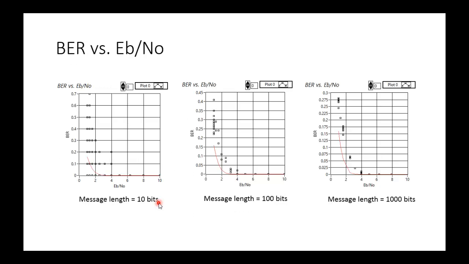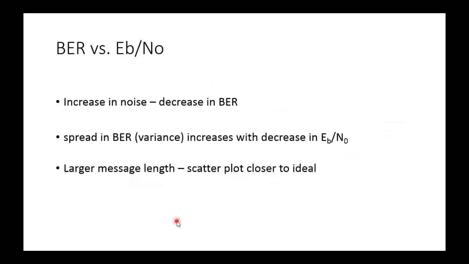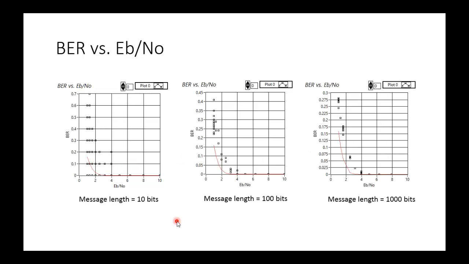These are some plots of bit error rates versus the AWGN or the SNRs. We see that as the message length increases, the scatter plot closely approaches the ideal behavior, and also for lower values of AWGN, the spread or the variance in the bit error rate increases.